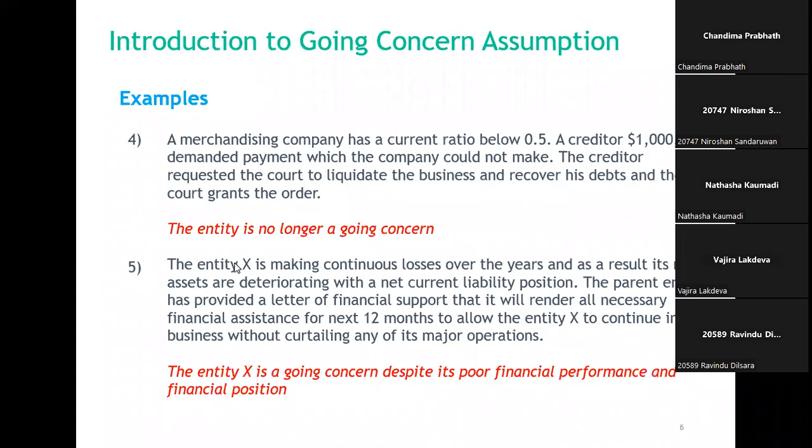A merchandising company has a current ratio below 0.5. This means it has a net current liability position, which means basically its current assets are half of its current liabilities. A creditor with US dollar 1 million demanded the payment, which the company could not honor. The creditor requested the court to liquidate the business and recover his debt, and the court grants the order.